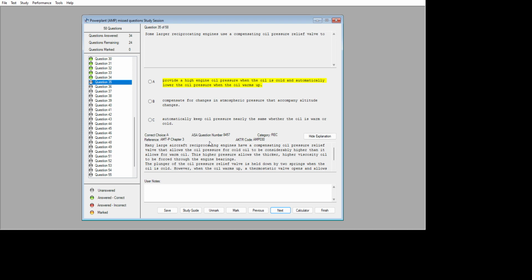Some larger reciprocating engines use a compensating oil pressure relief valve to provide a high engine oil pressure when the oil is cold and automatically lower the oil pressure when the oil is warmed up.